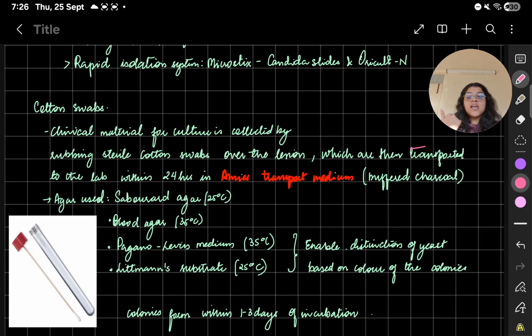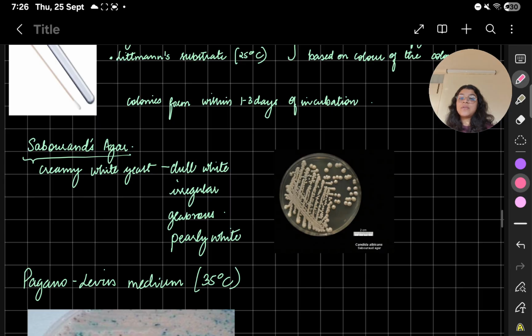The agars used are Sabouraud agar at 25 degrees Celsius, blood agar at 35 degrees Celsius, any agar can be used, and Pagano-Levin medium at 35 degrees Celsius. And Littman's substrate. Pagano-Levin medium and Littman's substrate enable distinction of yeast based on the color of the colonies. They will distinguish each kind of yeast. This was about cotton swabs. And colonies form within 1 to 3 days of incubation.